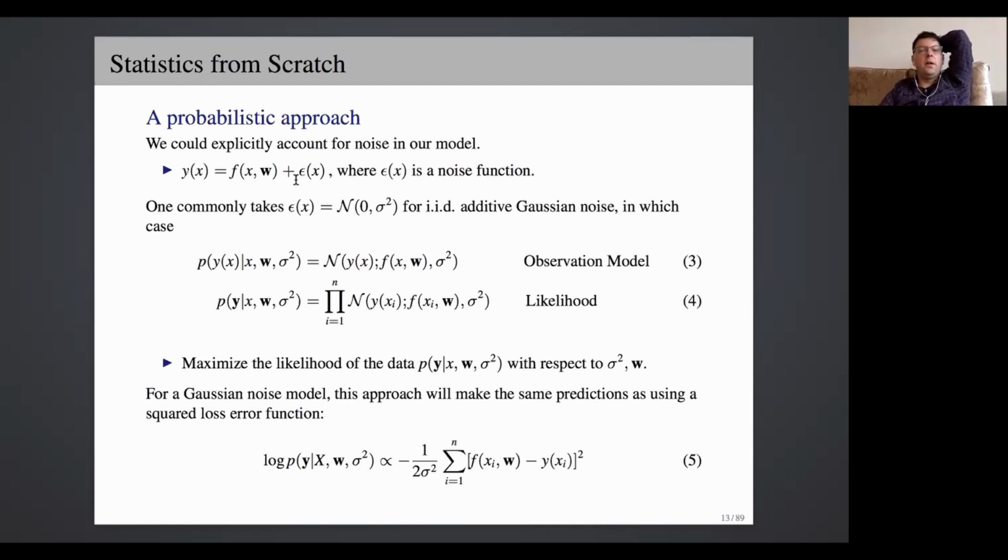First of all, it's much easier and more intuitive to think about, for example, whether our data has Gaussian noise than whether we should use a squared error function just out of the blue. And in fact, if we make other design decisions, like we use heavy-tailed noise, like a Laplace distribution, maybe because we think there are outliers, then we'll recover different types of error functions, like the absolute error function.